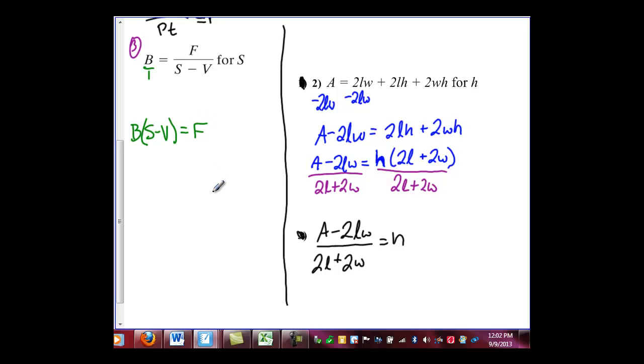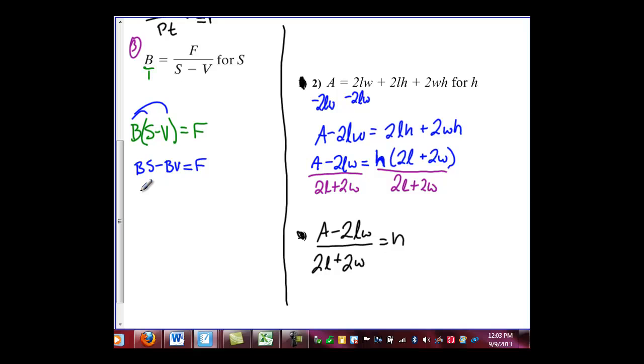What was your next step? Okay, so distributing. Distributing is a perfectly fine option. You could have divided here, but I'm going to go through and distribute because I think most of you tend to do it that way. So to distribute, we end up with bs minus bv equals f. Yes, I know it's funny.